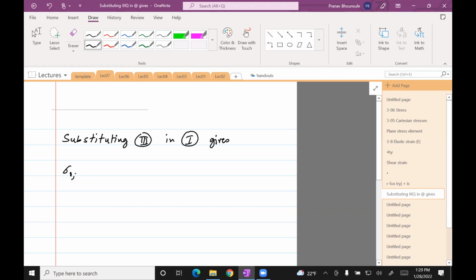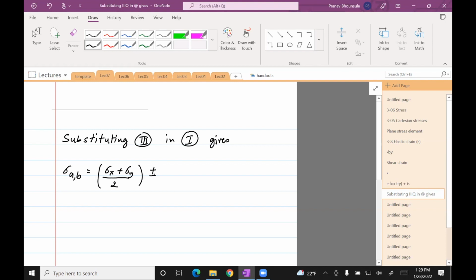Let me call them sigma A and sigma B, that's better, so we don't confuse them with something else that comes later on. So the principal stresses sigma A and sigma B are sigma x plus sigma y divided by 2, plus or minus the square root term.